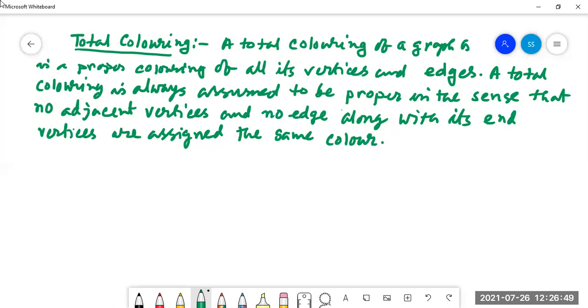So no edge and no vertices are in the same color. This is called the total coloring.